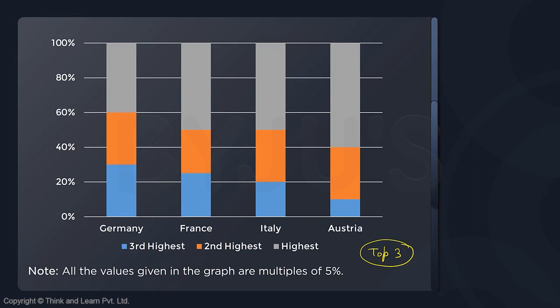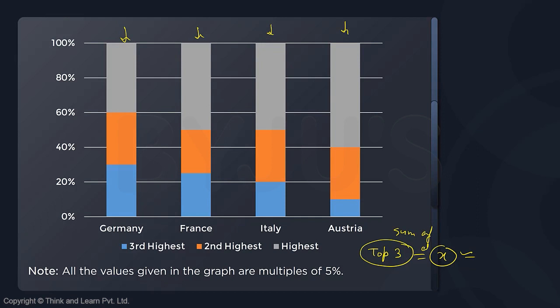So if the sum of the top 3 is, let's say, X, its distribution is given in this graph. Are we clear? Not for the 5 products, only for the 3 products. Apart from this, the 2 products will be there, right? So highest, second highest and third highest, if total is X, its distribution is given in this graph.